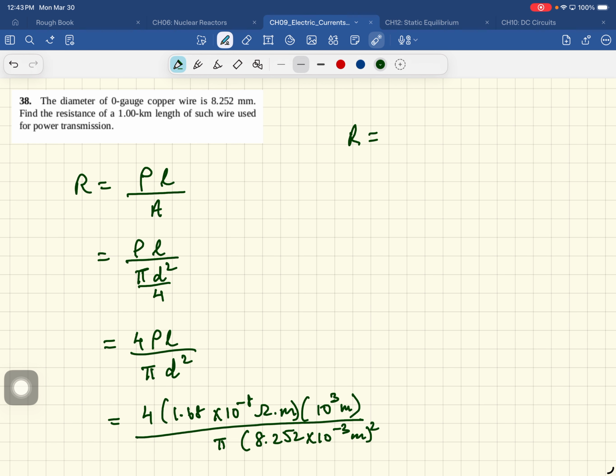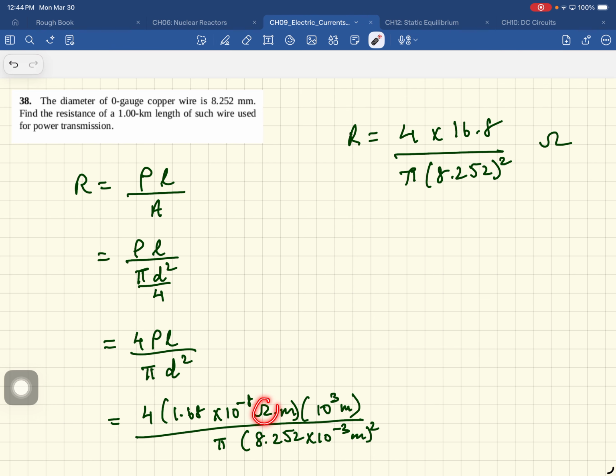All right, so let's see, this is 10 to the minus 6, that gives you 10 to the 2, then 4 into 16.8 divided by pi times 8.252 squared. And ohms, this is the only thing that survives. This is meter square, that'll cancel that meter square.